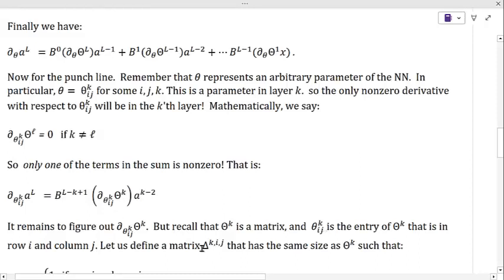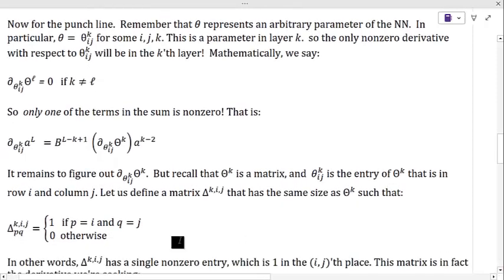So I'm going to define a matrix delta Kij. This is a matrix, so it depends on K, I, and J. This matrix has the same size as theta K. However, it's only 1 in one entry, and it's 0 otherwise.